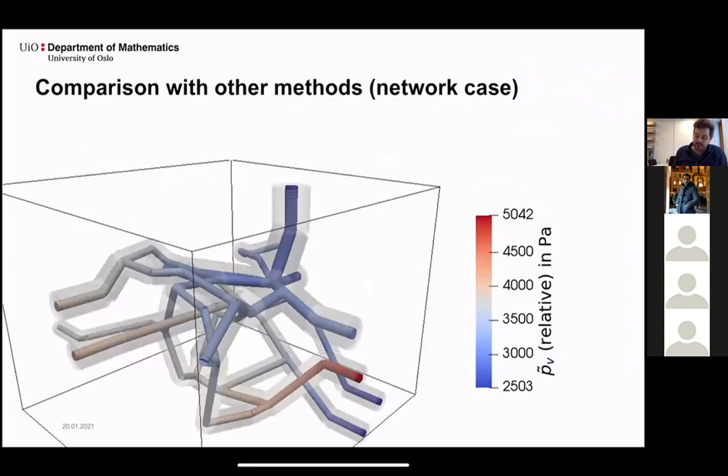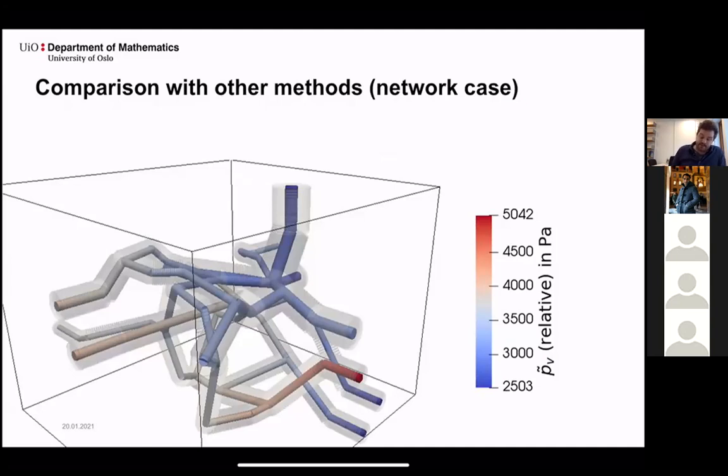So what about networks? We look now at one single vessel. And there are several cases in networks which are a bit different, but we showed that for this application they're not really important. So we're going to distribute our mass in some vicinity around this network that is shown here, for example.